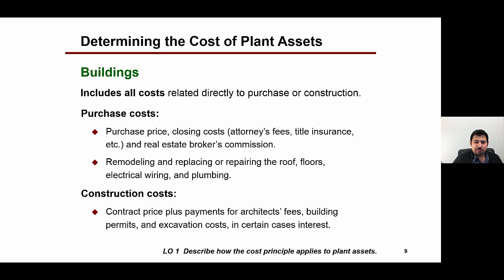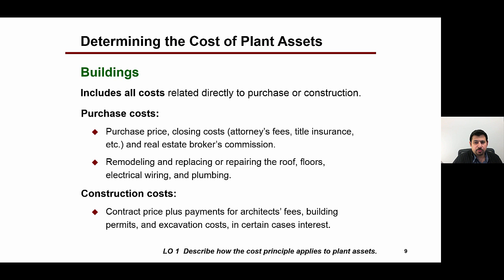Buildings is another kind of plant assets. And here again, they are recorded at cost, and it depends whether the building was purchased or whether it was constructed. For example, if the company purchases a building, the cost would include the purchase price in addition to attorney's fees, real estate broker's commission, remodeling, repainting, partitioning.